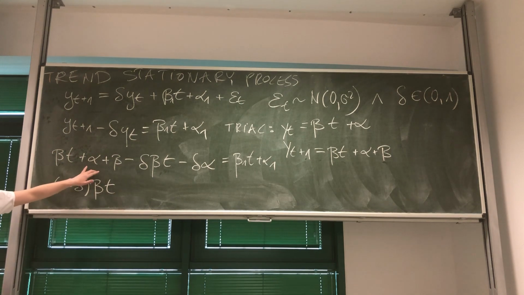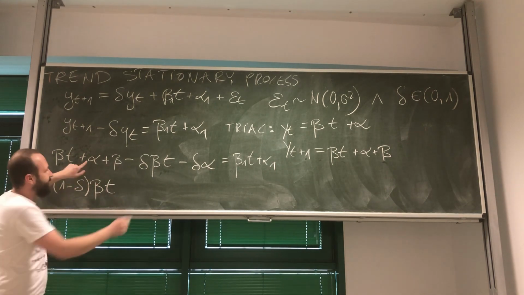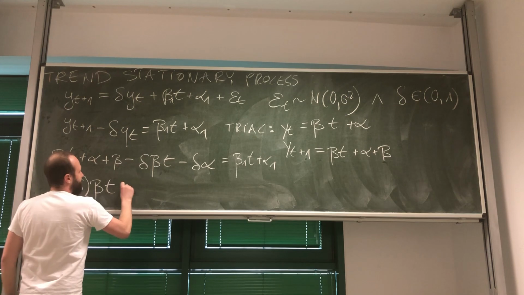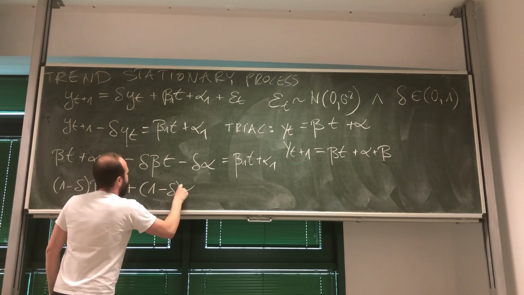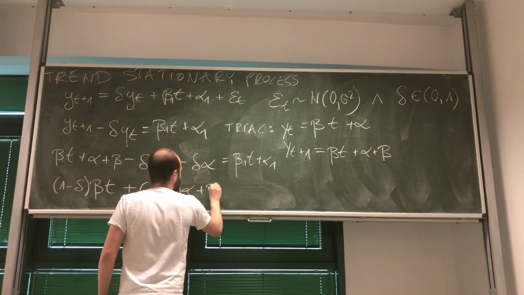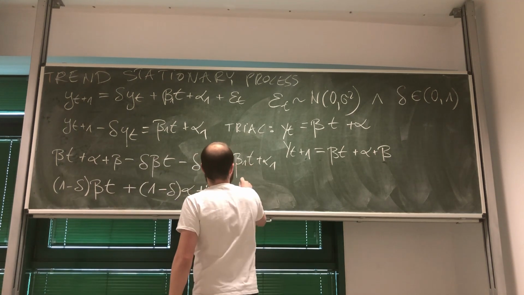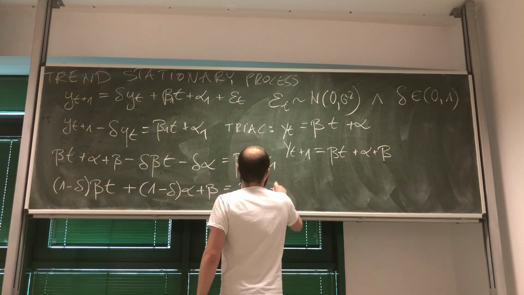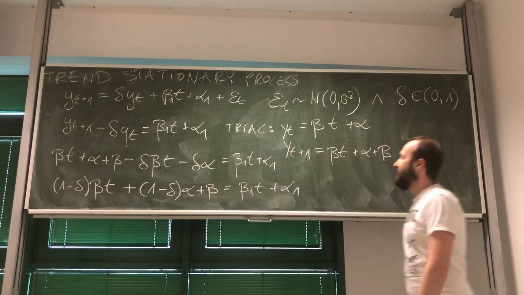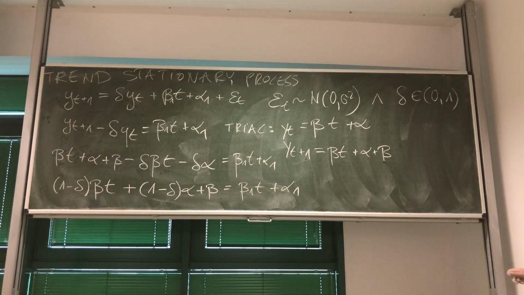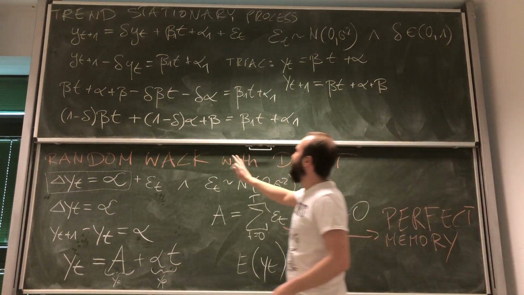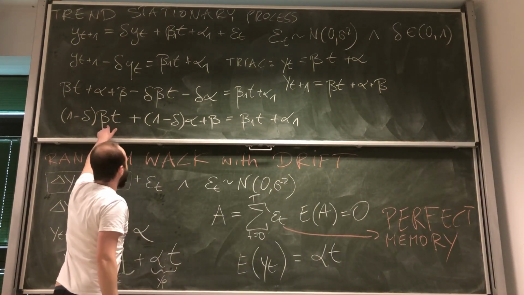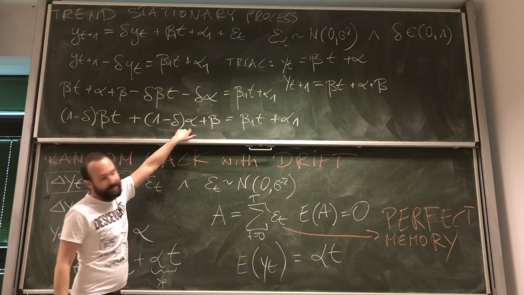And the second one is going to be beta, and again those two can be combined to 1 minus delta times alpha plus beta. And this is equal to beta_1 t plus alpha_1. Now, what we need to do over here is, of course, to find what is beta, what is alpha.